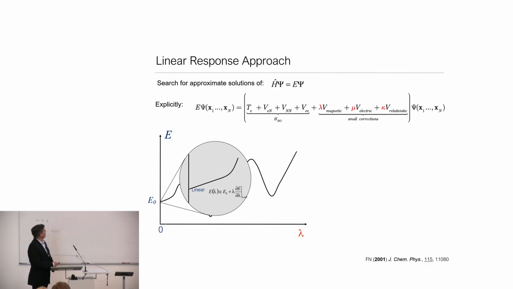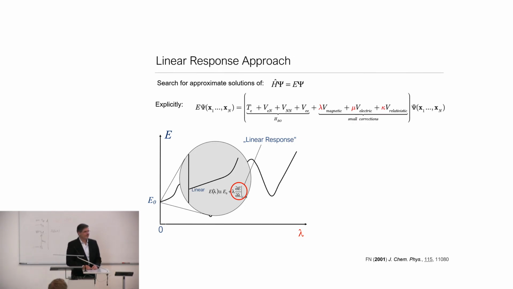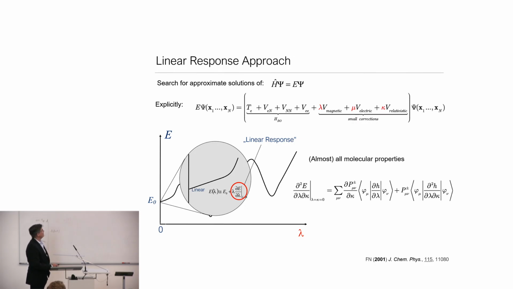That's a very nice way of doing it. Basically you only have to take derivatives of your approximate energy, and taking derivatives is something that quantum chemists are good at. That is way more approachable than calculating an infinite number of excited states.